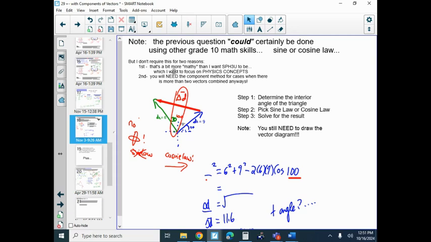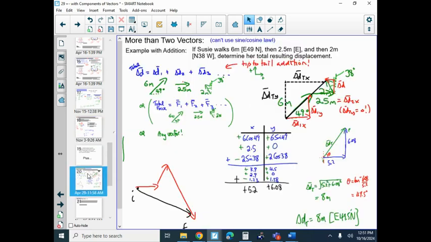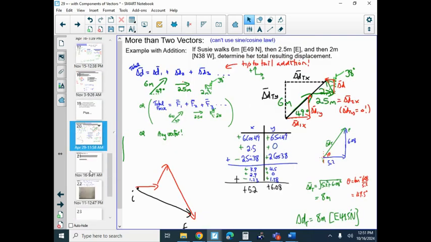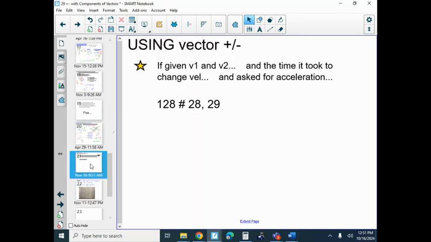I wanted to show it to you, first because it's a bit more mathy than I want grade 11 physics to be. I like to focus on physics concepts way more. And you need the component method anyways in cases where you have more than one vector. So it just makes sense to go with the process that works, right?